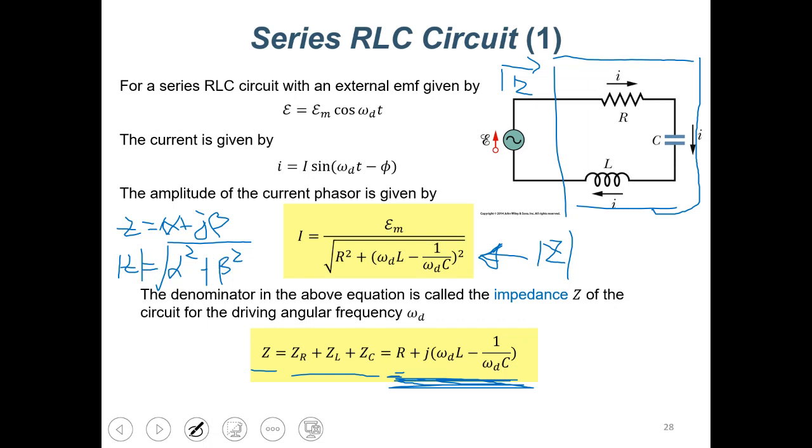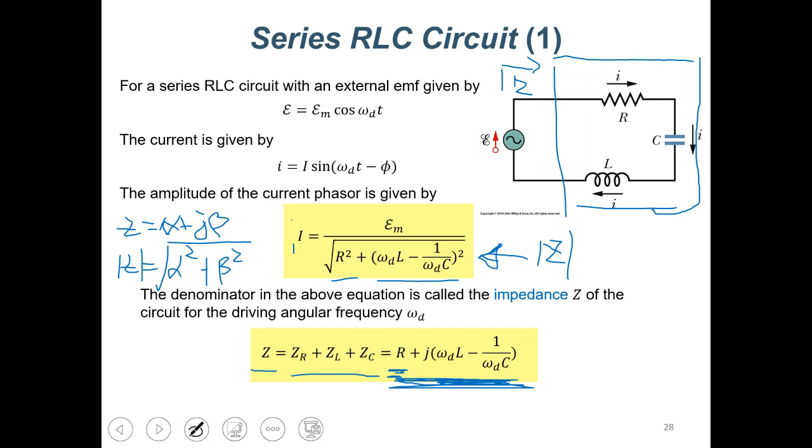So here we have R squared, which is the square of the real part, plus the square of the imaginary part. Add them together and take the square root. So it's something like this.